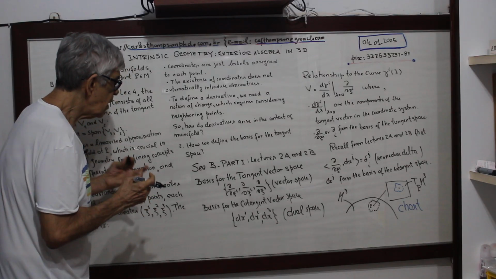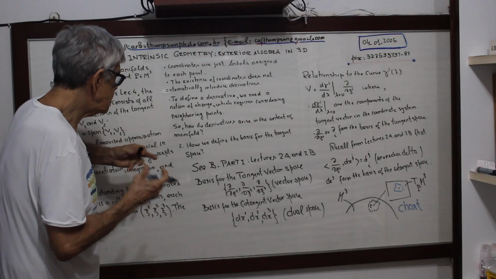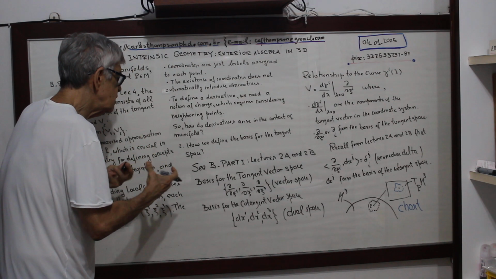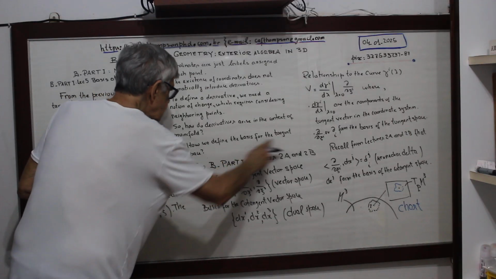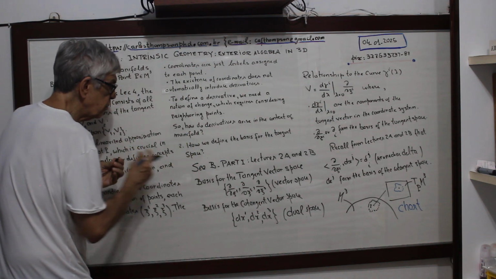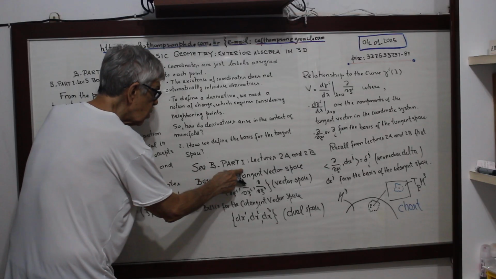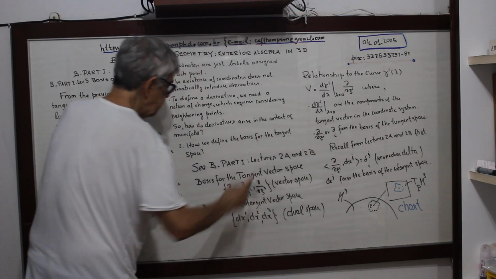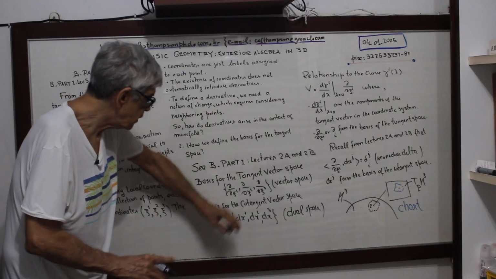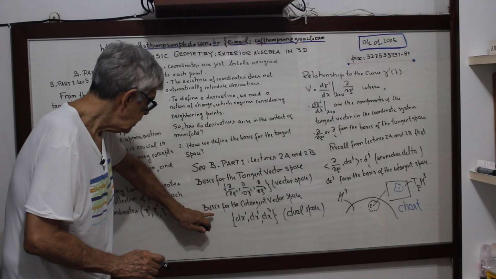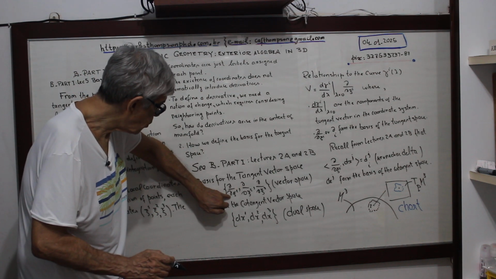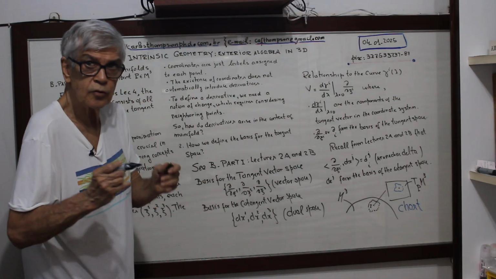In this case, we present the tangent vector space here. But on the previous lectures, B part 1, lecture 2A and 2B, we already talked about this basis vector. Clearly, we derived this. This is a vector space, and the basis for the tangent vector space are partial C1, C2, C3 in 3 dimensions.